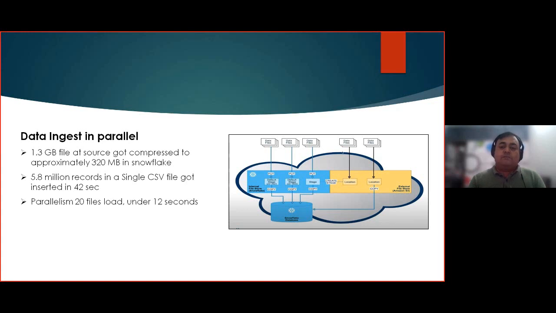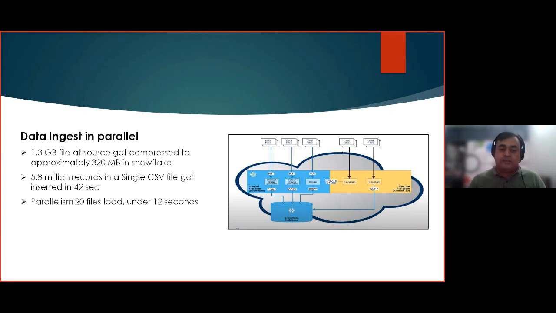So here is an example we have performed with respect to parallelism and concurrency. In case of a 1.3 GB file, if we load that file into Snowflake, it got loaded in approximately 42 seconds using an extra small warehouse for 5.8 million records, and the data within the table, as I said, will always be in compressed state.